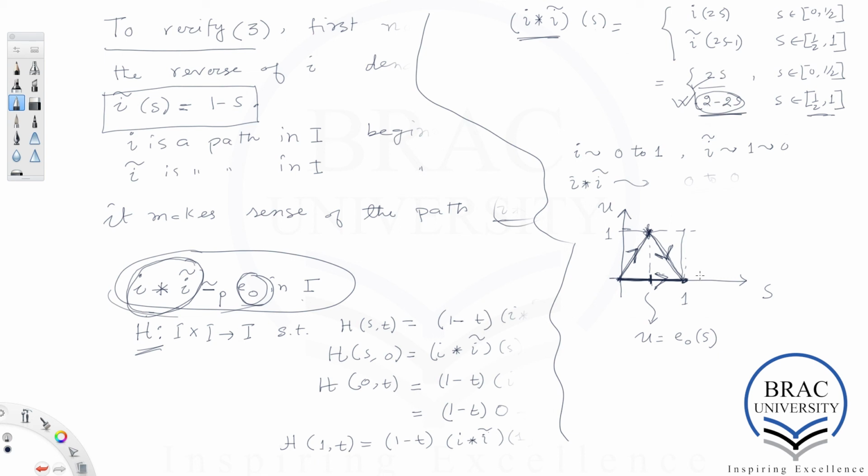So this picture shows you how to think of these two paths. Okay, and now let me erase everything.